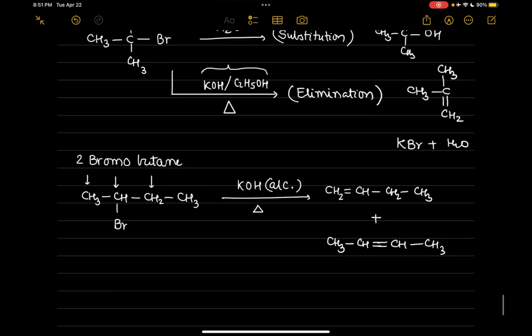And there is a rule. Just like addition has the Markovnikov rule, in elimination also there is a rule. Okay. This is the double bond. And how many carbon-containing groups are there? One alkyl group. Okay.